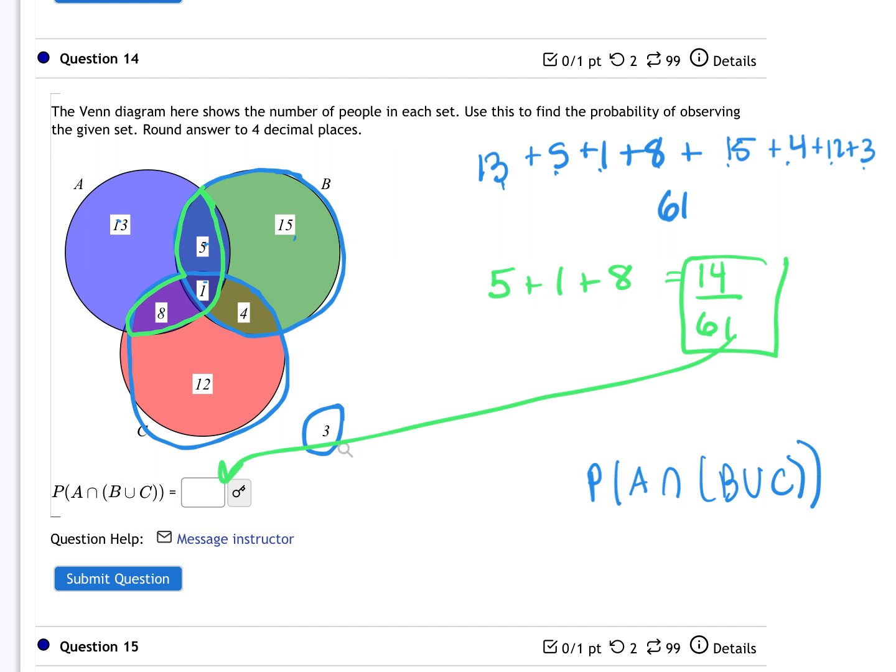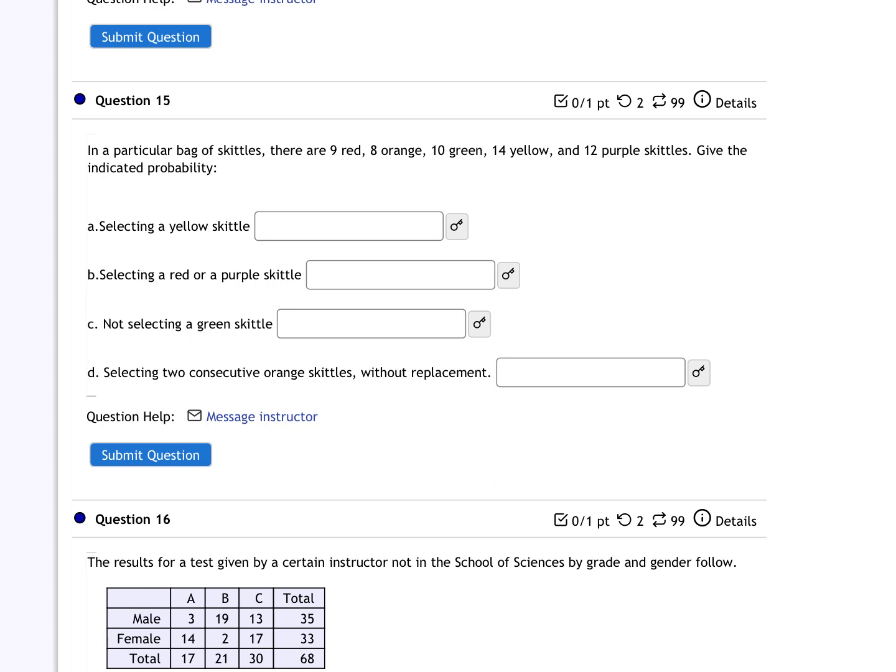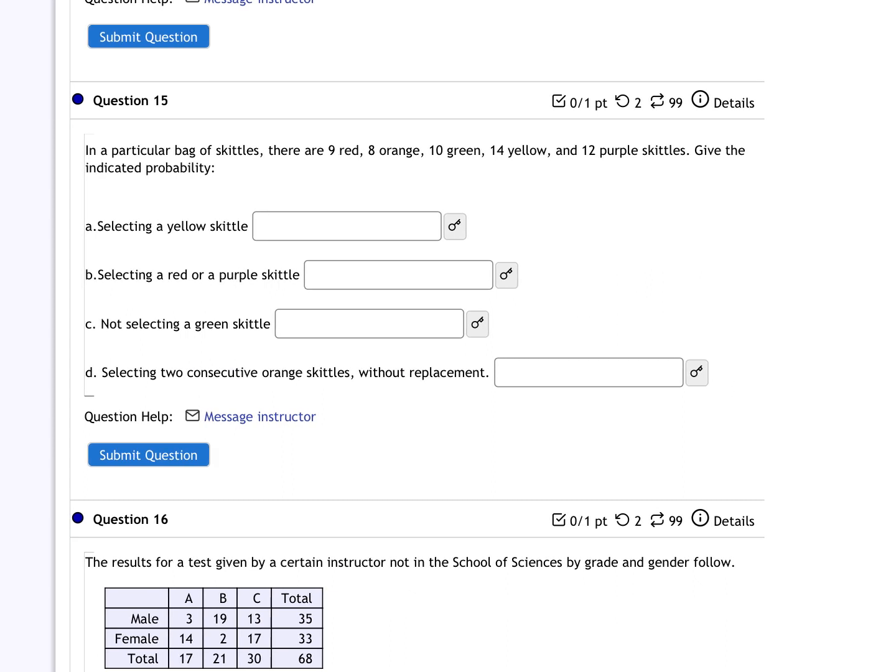All right, moving on, the next question was 15B. All right, so selecting red or purple. That's probability of red plus probability of purple minus probability of both. Last time I checked, we couldn't have both red or purple Skittles.